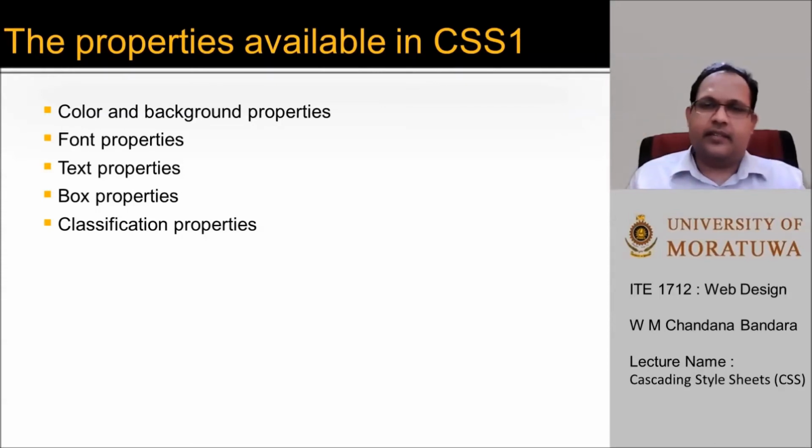In the 1st generation, some of the features, for example, were color and background properties, font properties, for example font style and font family, and text properties, such as text align, and box properties such as padding and margin, and also classification properties such as display, where to display an element and how to position an element. These kinds of properties were available.